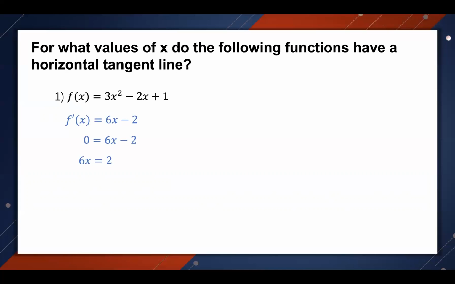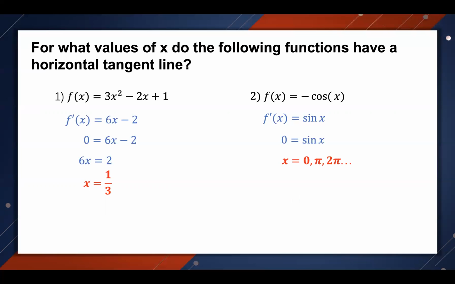So x would be 1 divided by 3. For the second one, f of x equal to negative cosine x. Since the derivative of cosine x is negative sine x, f prime equals sine x, and we set it equal to 0, so the x values would be 0, pi, 2 pi, and so on.